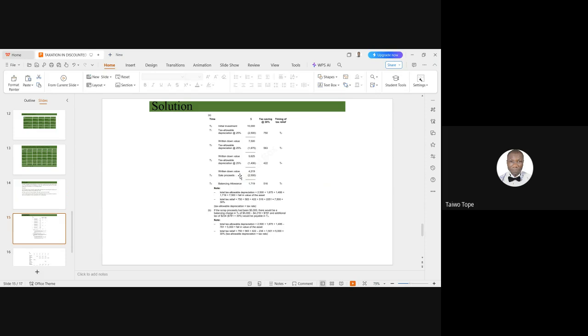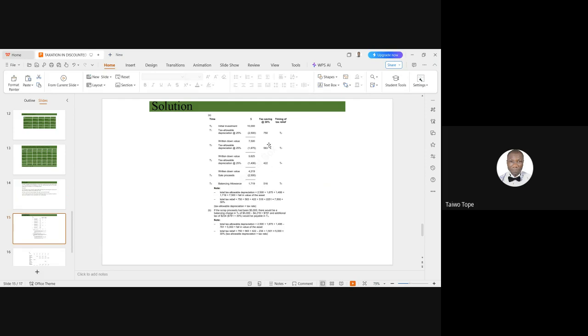So now the sales proceed at this point will be 4,219 less the sales proceed. You have the balancing allowance to be 1,719, and the tax savings will be 30% of 1,719, you have 516.